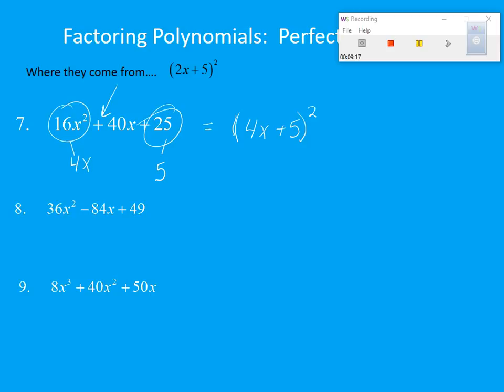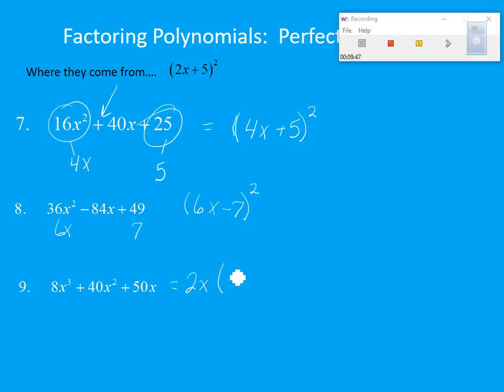My number 7, the square root of 36x squared is 6x. The square root of 49 is 7. 6 times 7 doubled is 84. So this factors into 6x minus 7 quantity squared. My number 8, it will be a perfect trinomial after we factor out the 2x.